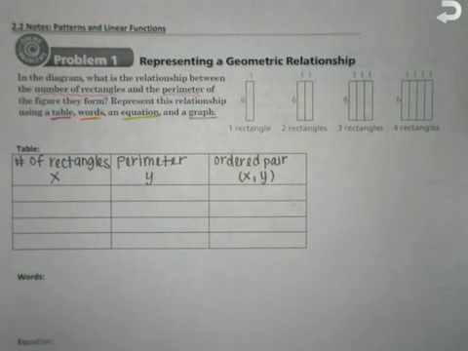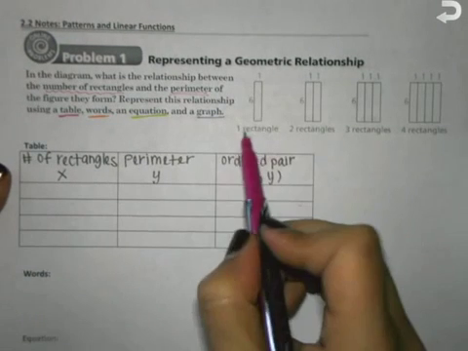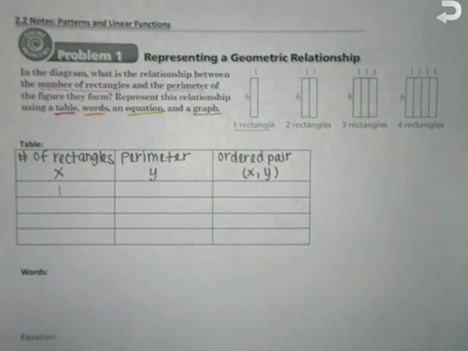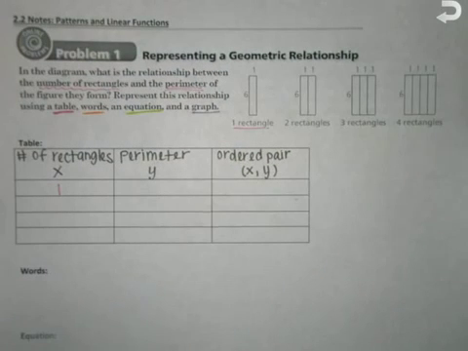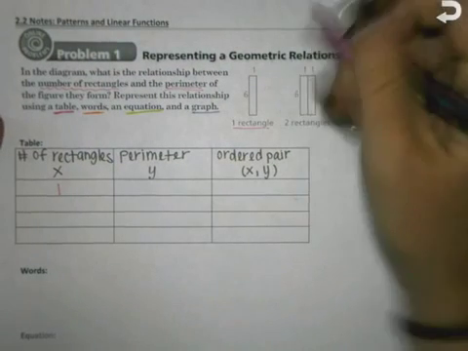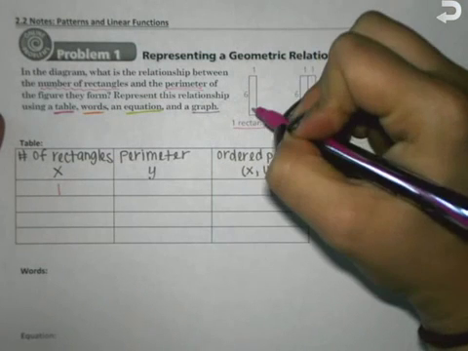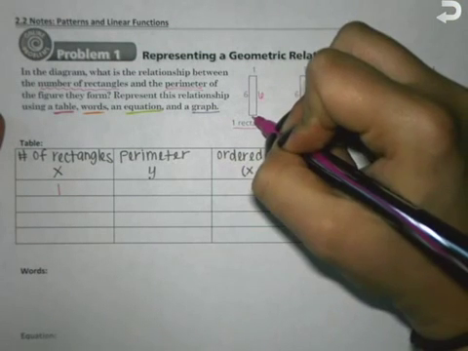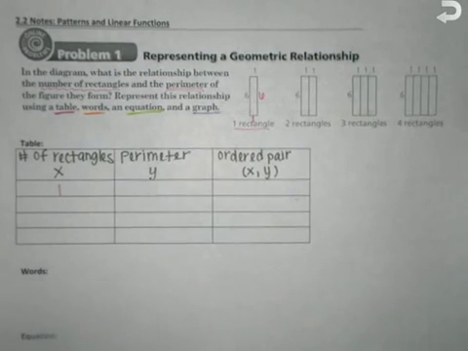Okay, so let's fill out the table first for one rectangle. So X is 1. It's just one rectangle. Now with our perimeter, look at your diagram. If this side is 6, that means the other side is 6. And if this one is 1, that means this one is 1. How can we write the perimeter of all of that without having to do 6 plus 1 plus 6 plus 1?